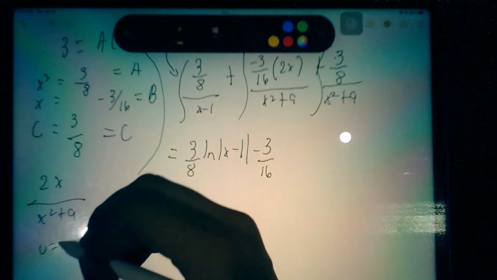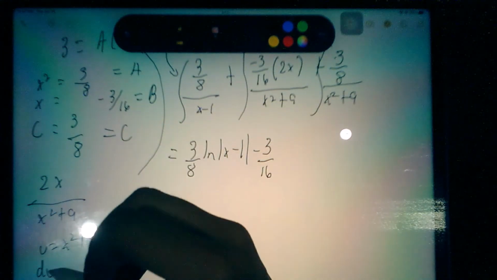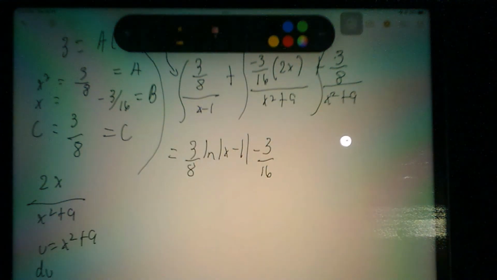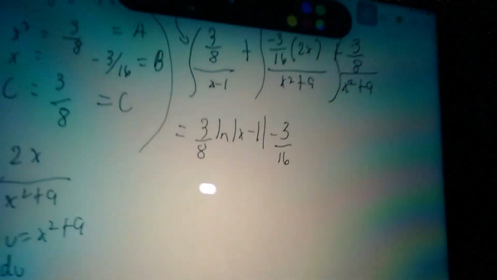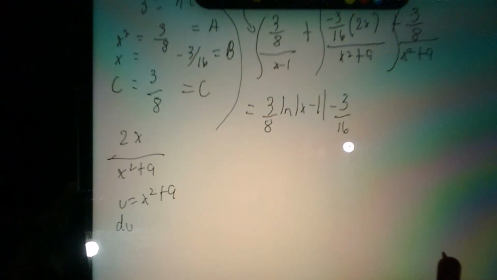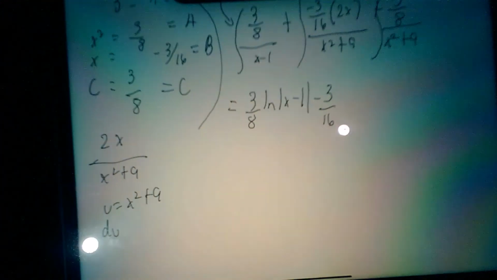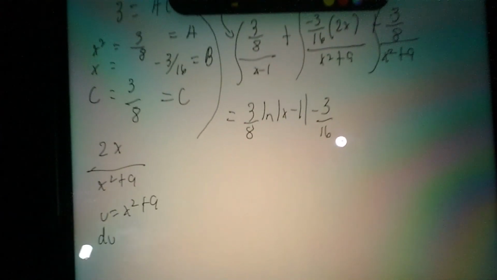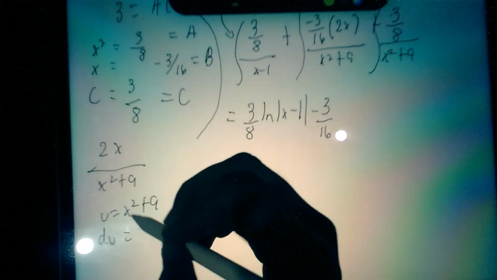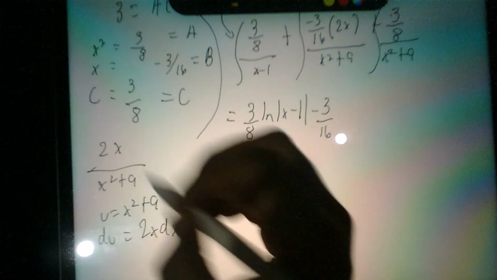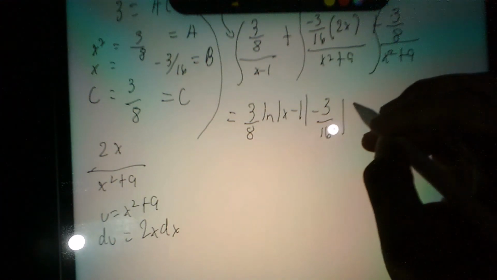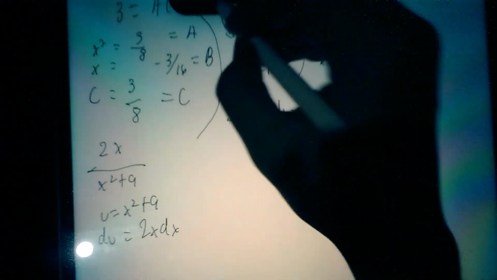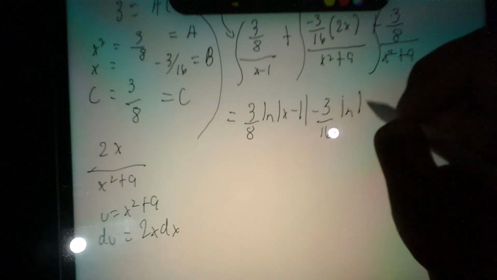U here is equals to x squared plus 9, and the derivative of this is just equals to 2x dx, so du over u is just equals to ln of u, which is ln of x squared plus 9.